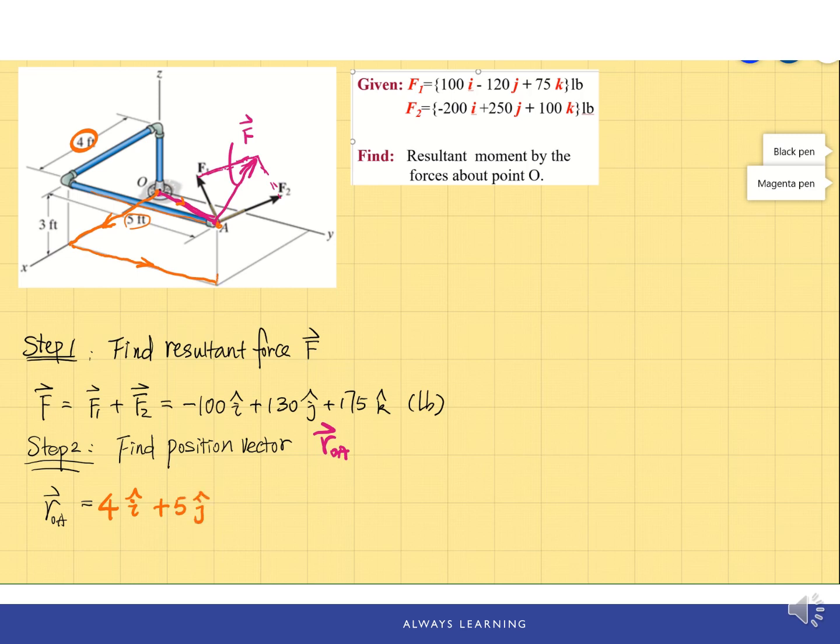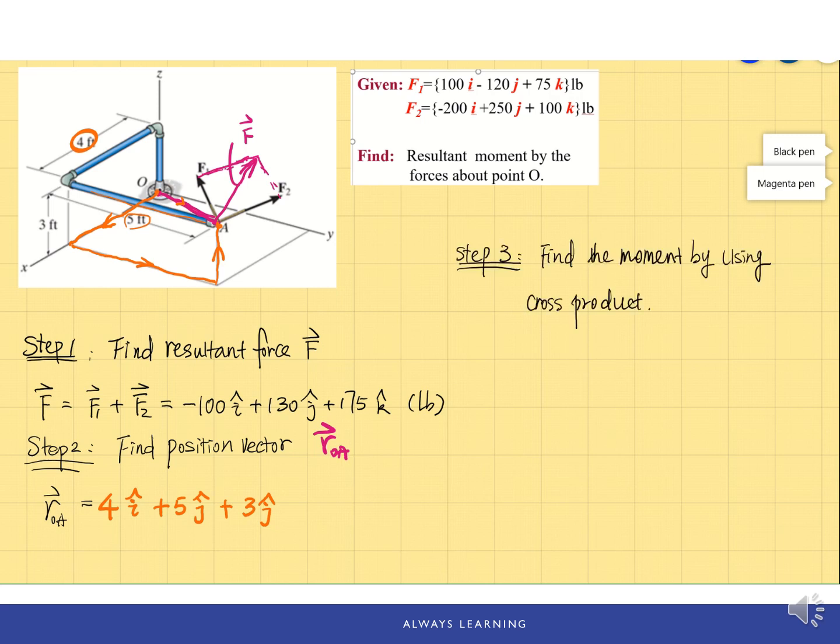And finally we'll change direction, travel parallel to the z axis, and the distance we traveled is 3, and it's positive 3. So this is my position vector.